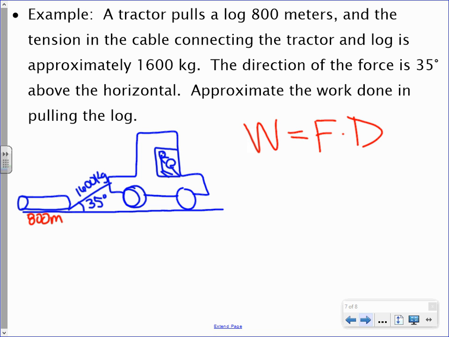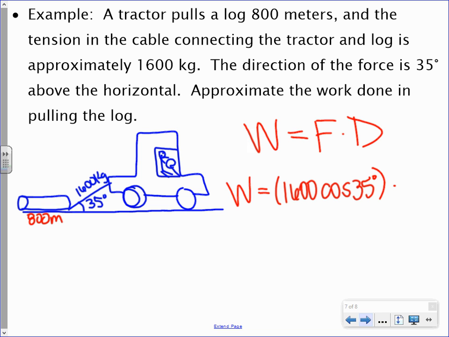Now, what direction is the log moving? Is it moving at a 35-degree angle? No, it is moving horizontally, right? So the only force that matters here is the horizontal component of force. So instead of a force of 1,600 kilograms, we are actually talking about 1,600 kilograms times the cosine of 35 degrees, because that would be the horizontal component of force.